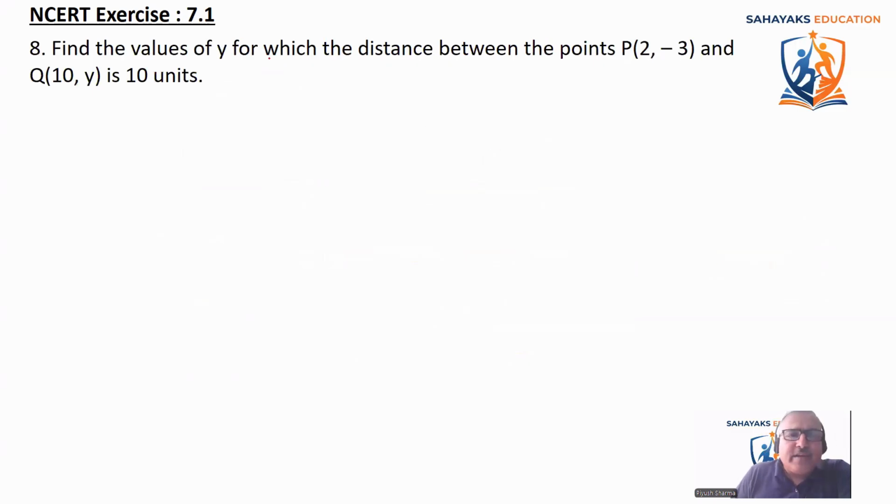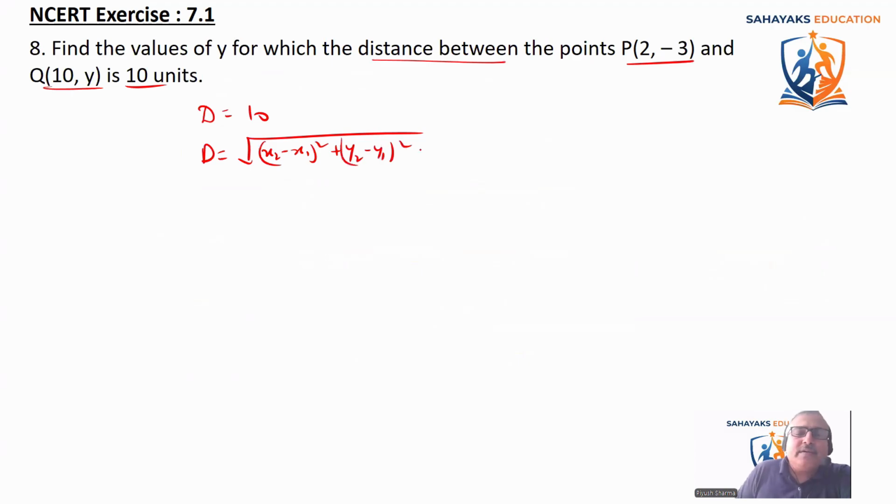Find the values of y for which the distance between the points P and Q is 10 units. Now we know the distance already, so we'll say distance is equal to 10 units. And we also know the formula: distance is equal to square root of (x2 minus x1) whole square plus (y2 minus y1) whole square.